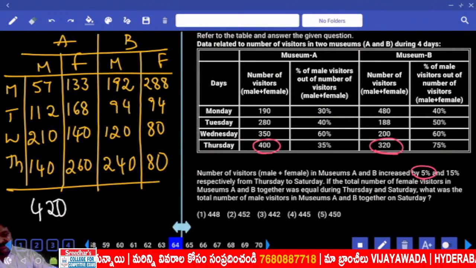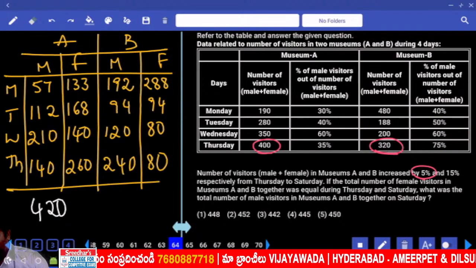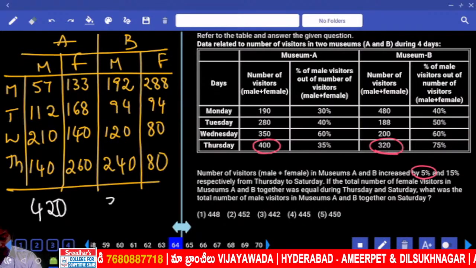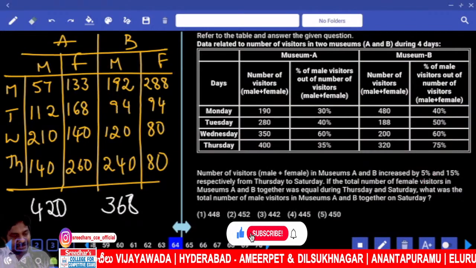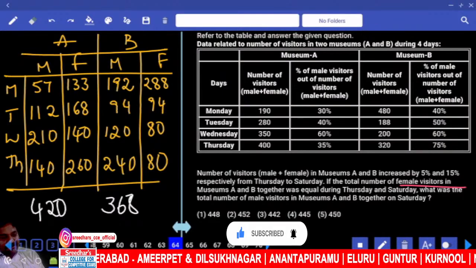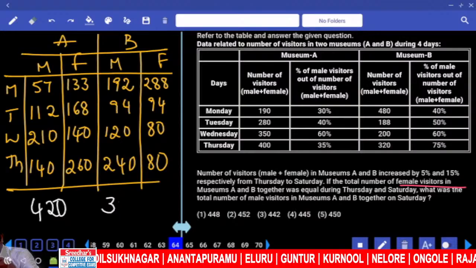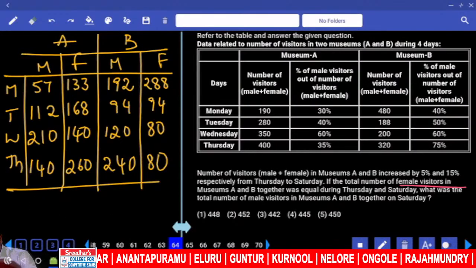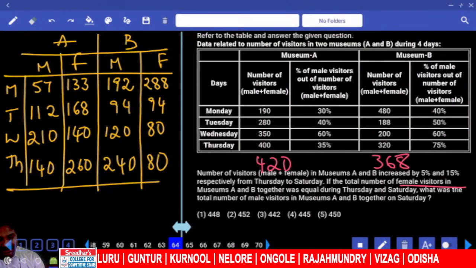And in B increases by 15%, 10%, 32, half, 16, 48 increased, 368 total. Remember, this is 420, this is 368.